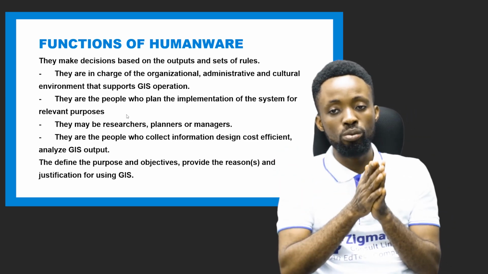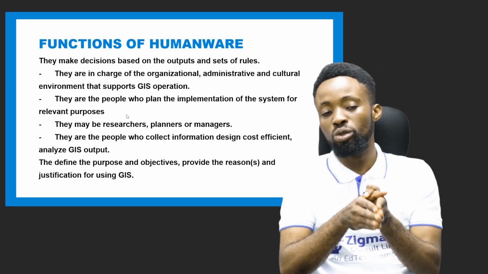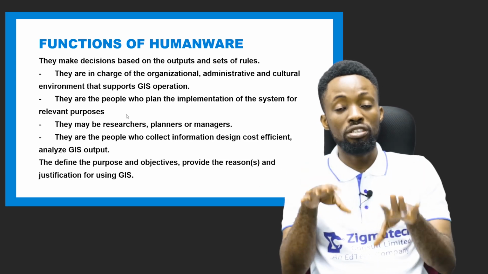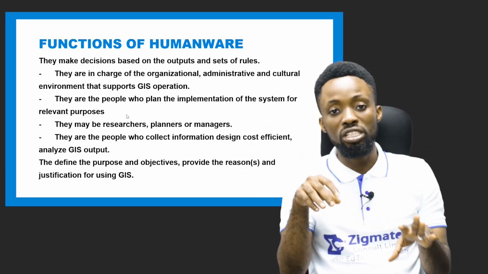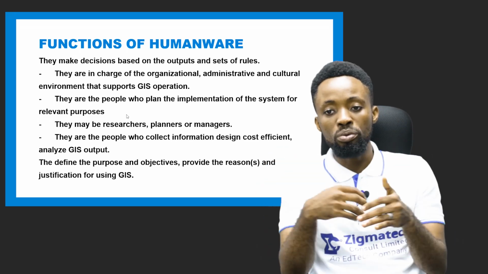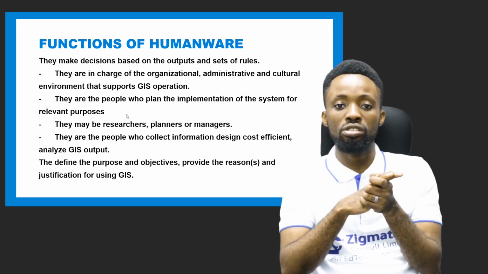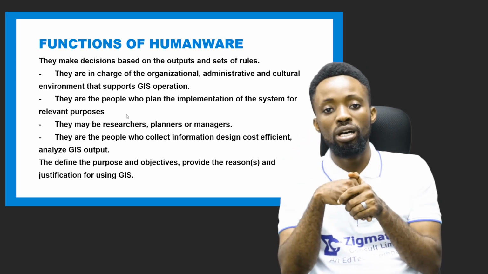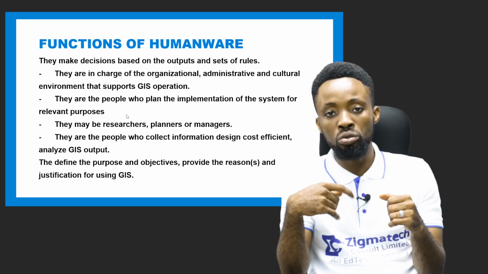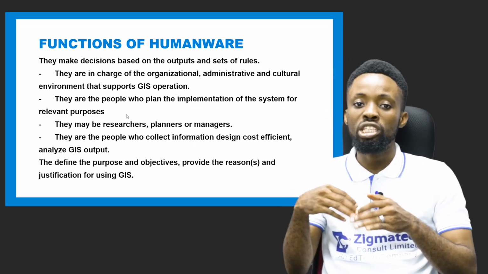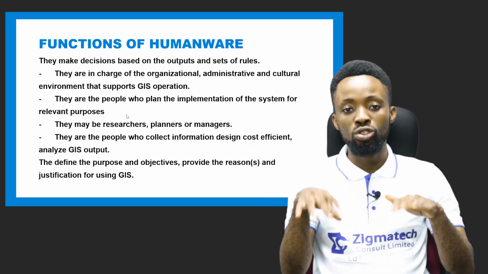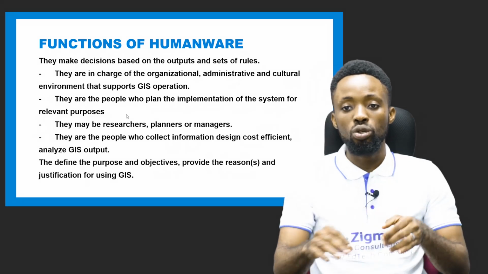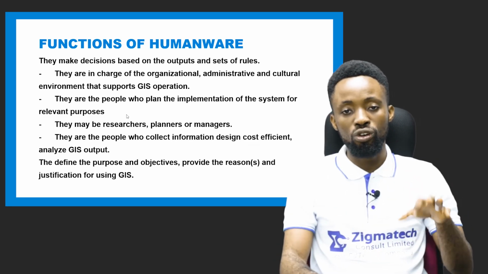The humanware also define the purpose and objectives, and provide the reasons and justification for using GIS. These people give us a lot of reasons why we should use GIS, and why we should implement it in our day-to-day activities. They also create the objectives that we need to follow whenever GIS is concerned. So these are the functions of the humanware.